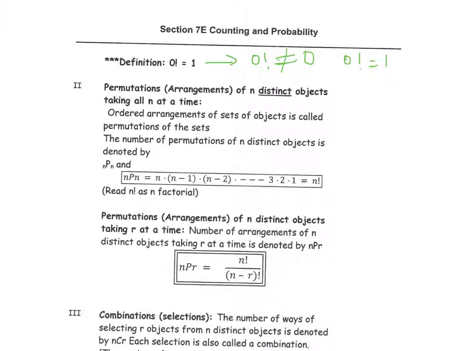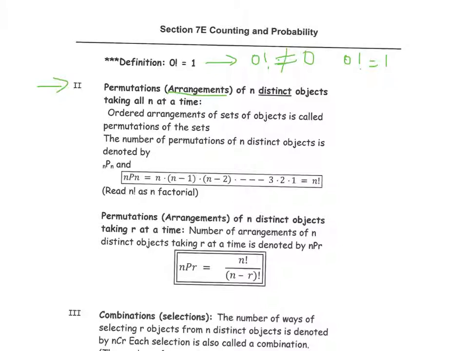Now we're going to see two more counting techniques. So our first one was the fundamental principle of counting, and we're going to see two more. The first one is called permutations. What are permutations? Permutations are arrangements of n distinct objects taking all n at a time.